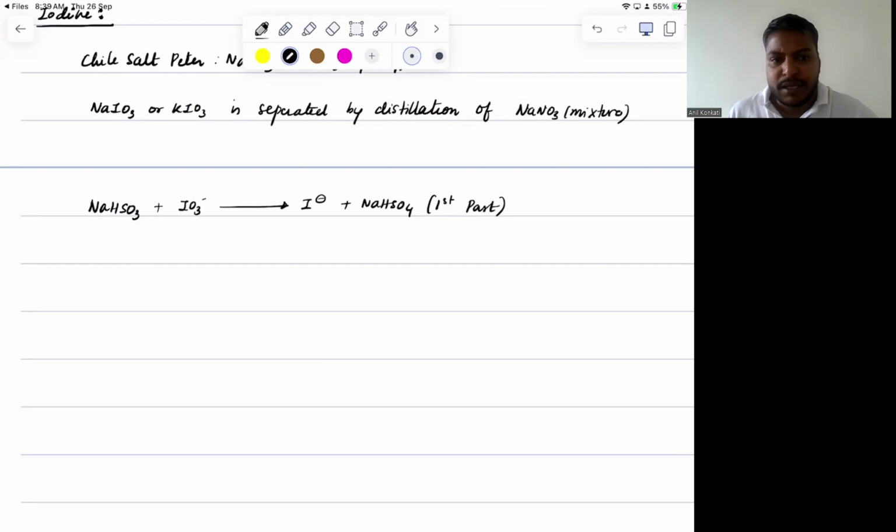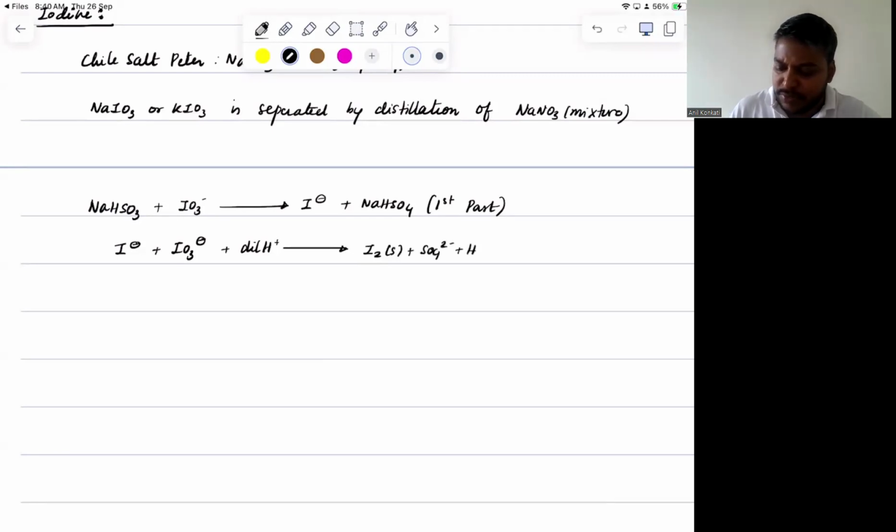Now this first part is mixed with IO3 minus, which was already present, and then we add some dilute acid to it. Same logic. The minute you add it to dilute acid, you'll get I2 plus SO4 2 minus plus H2O.